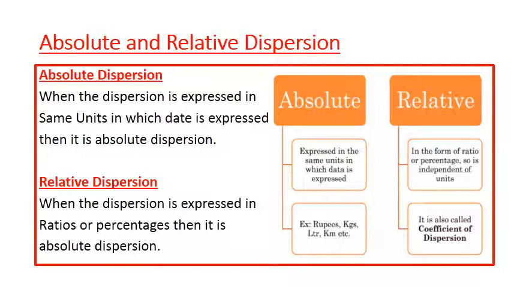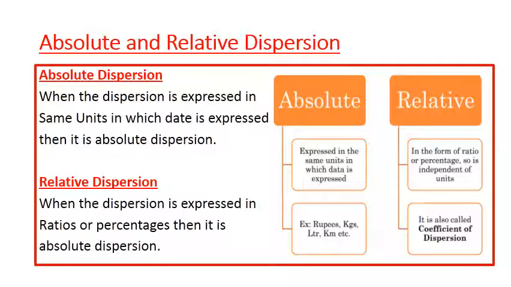Absolute dispersion is when dispersion is expressed in the same units in which data is expressed. For example, if we have data of the weight of students of class 11, kg is the unit. If the dispersion is expressed in the same units like kg, then that is absolute dispersion.